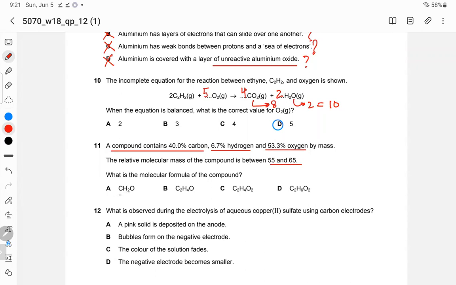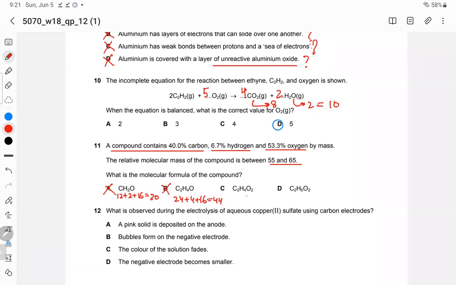If you look at this molecular formula, it will be 12 plus 2 plus 16, so it will be 30. So it is wrong. Here, if you look, it will be 24 plus 4 plus 16, so here it is 40 plus 4, 44. So this goes wrong as well.